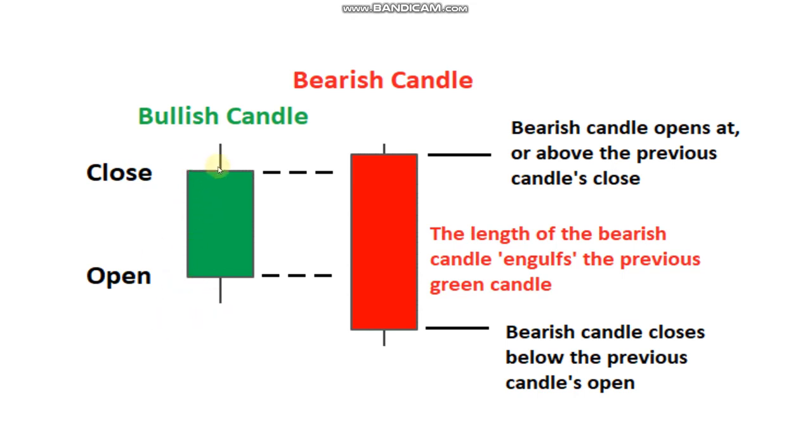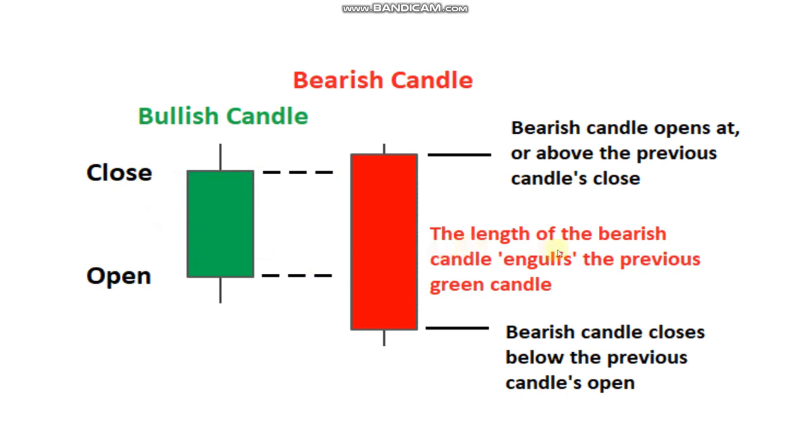And see, after that there is a big red candle or a bearish candle, and as you can see, this big red candle has engulfed this green candle, so it is called a bearish engulfing candle. This red candle dominated by sellers has engulfed the whole green candle which was dominated by the buyers.